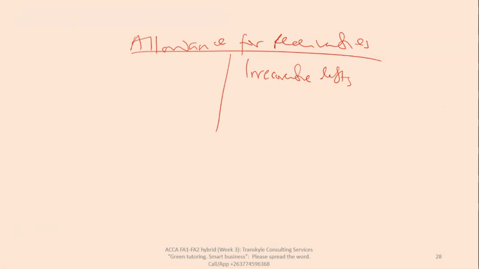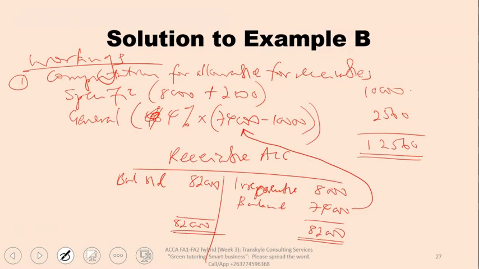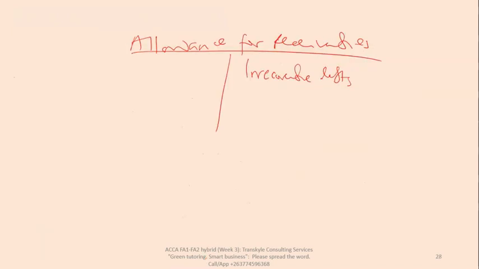For the allowance for receivables, we've already calculated this figure, so you can just slot the figure into our T account here. So that's this one. Now, the last one is the irrecoverable debt expense account.